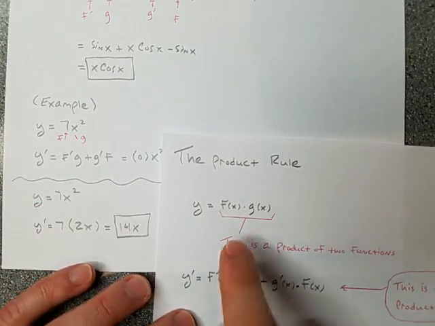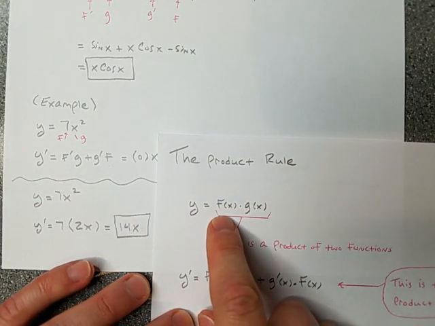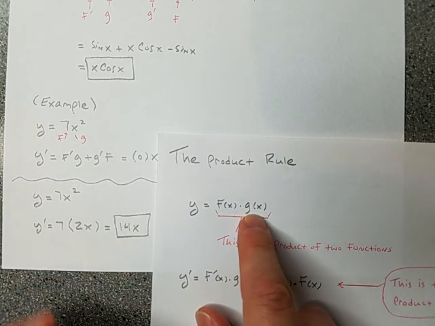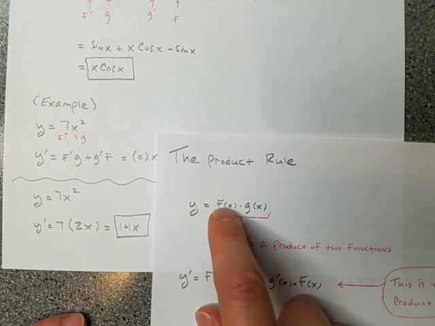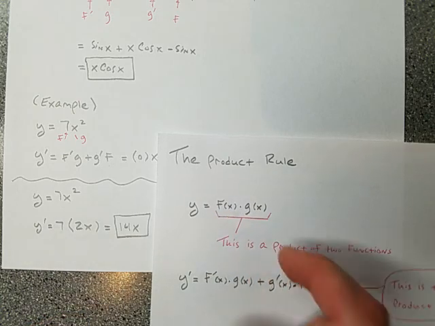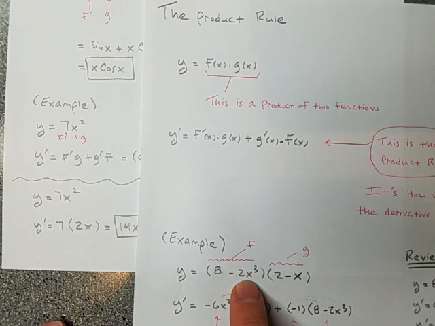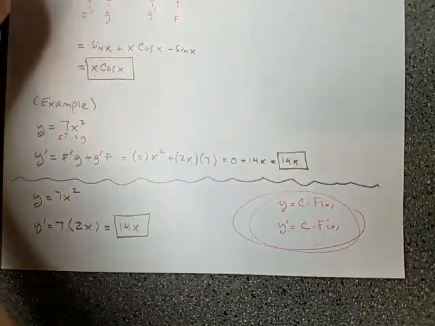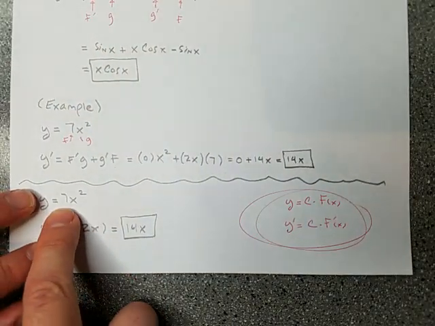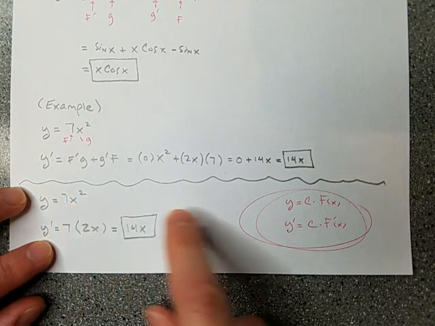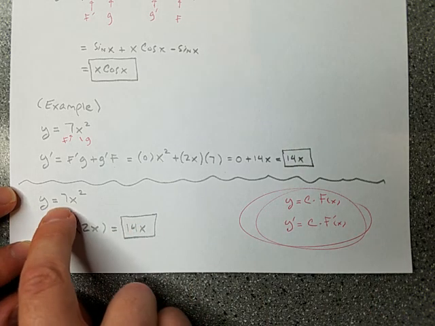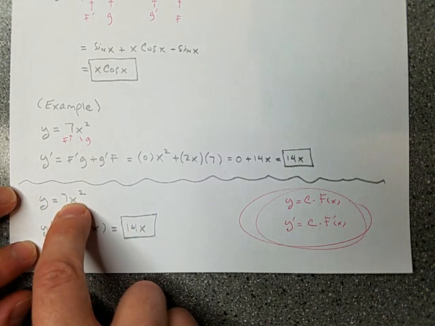The product rule is for generally a product of two functions, formulas, that both involve a variable, like 8 minus 2x to the third and 2 minus x. It's not really intended for the product of a constant in a function. That's what this rule is for, okay? This rule will be easier to use if it's a constant times a function.